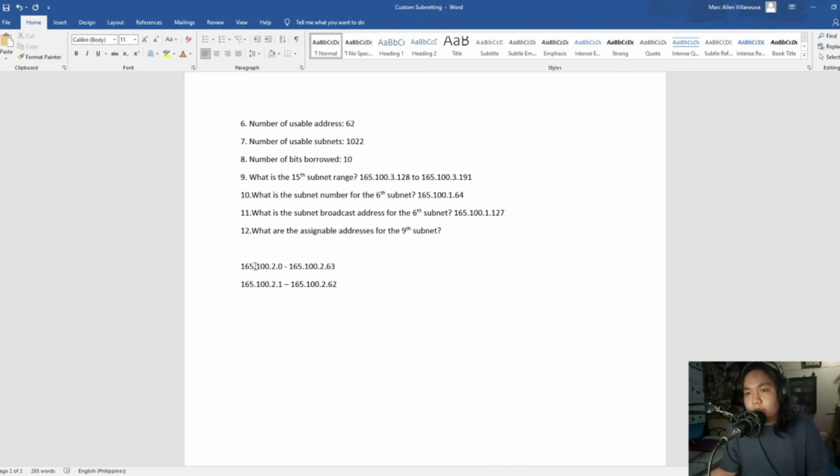Since the first and last values are invalid, we're not going to include them in the assignable addresses. We're going to use this range instead.